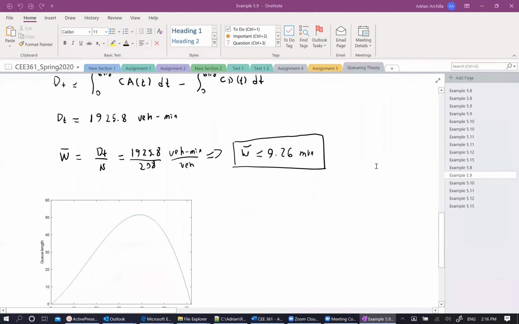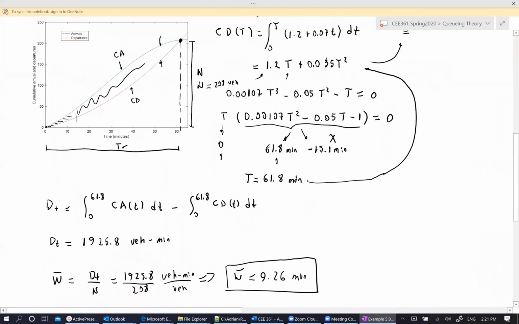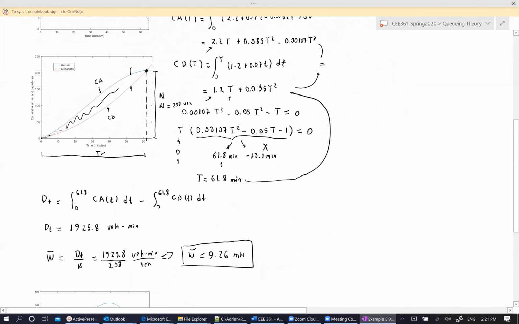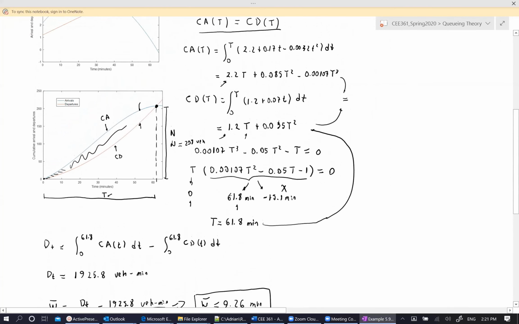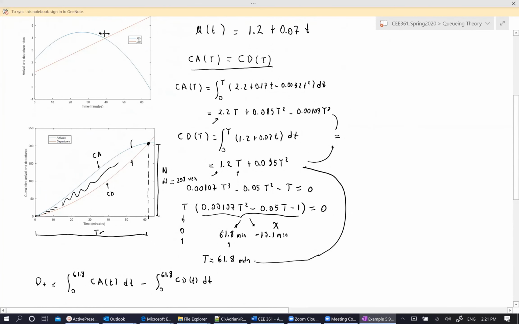Okay, let's continue with example 5.9. At the end of the class the other day, I think it was Isabel who asked, how do we get the n? Let me repeat that in case it's not clear. Once we make the cumulative arrival and cumulative departure curves equal, and we find this value of t, if we plug that value of t either in the cumulative arrivals or the cumulative departures, we will get the total number of vehicles affected.